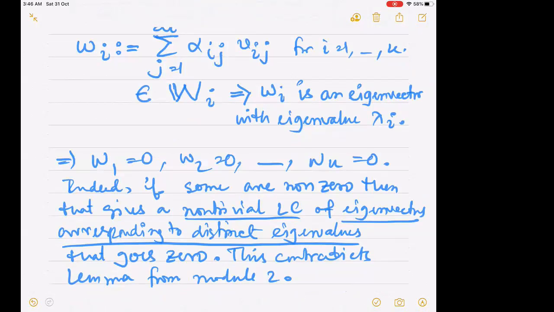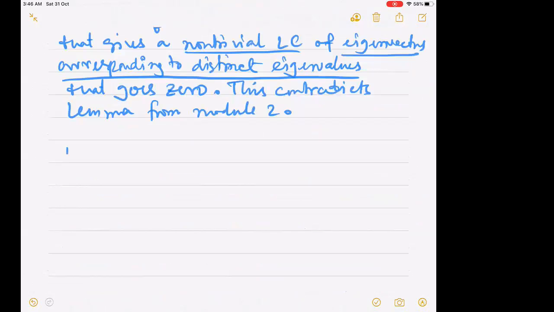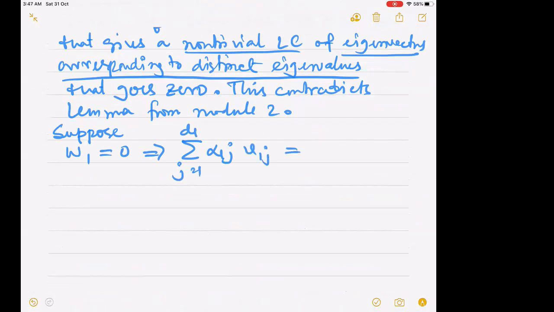But now if all of them are 0, so suppose w1 is equal to 0, this implies this linear combination, the sum of alpha 1j v1j, j going from 1 to d1, is equal to 0, but then this means alpha 1j is equal to 0 for all j, because this set v1j, j going from 1 to d1, is linearly independent by definition.